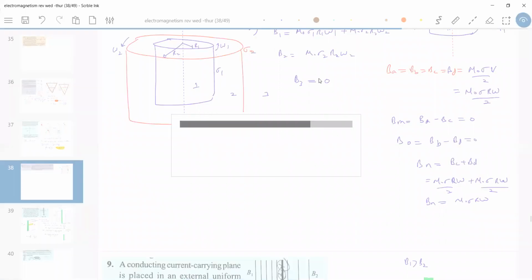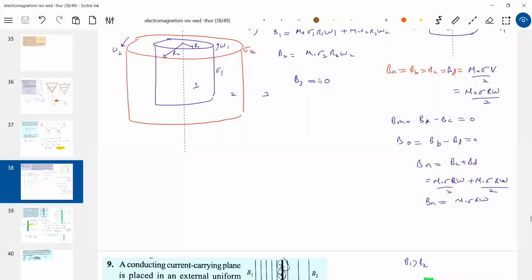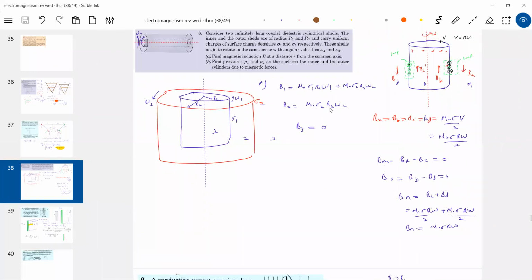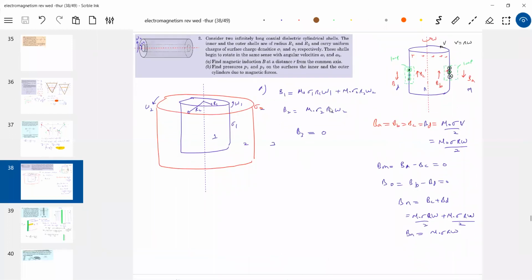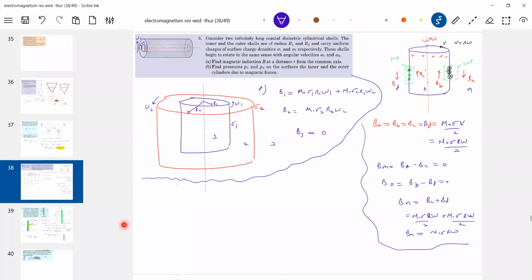Field inside will be non-zero. Again, you should bring the solenoid formula. It's left to you, but I like to think in this way only. Okay, now let's go for the pressure part.